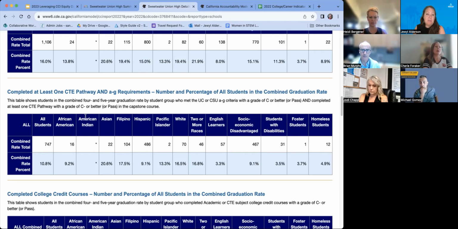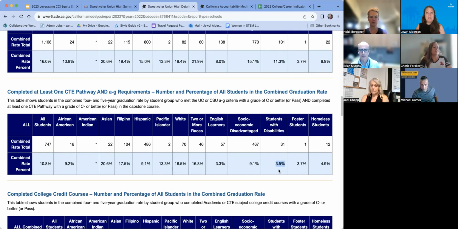So, but as we do that, then we can look here and see, wow, why are only 3.5% of my students with disabilities accessing both CTE and A through G, right? Interestingly, this metric, combining these, is a way that requires no high stakes testing in order to have your students meet the prepared metric.